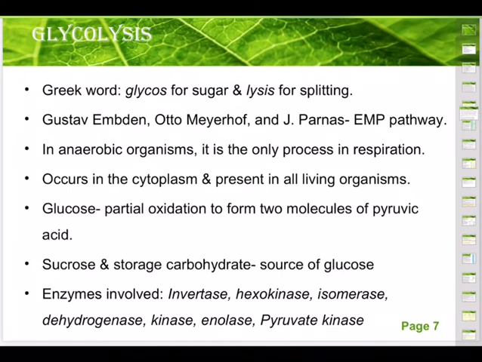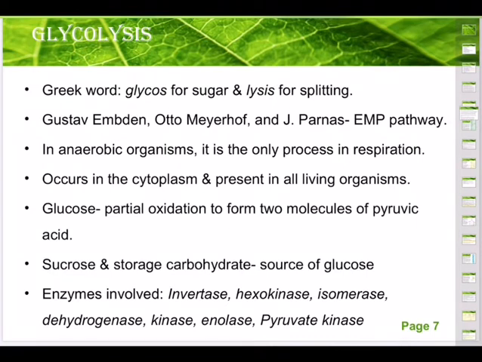Partial oxidation may also take place, and that results in the formation of a chemical compound called pyruvic acid, and this entire process is called glycolysis. As the name says, glyco means glucose, lysis means breaking of glucose resulting in energy production. The Greek word glycos is for sugar, lysis for splitting or breaking.